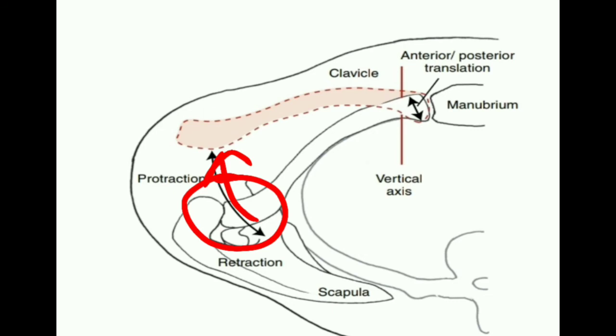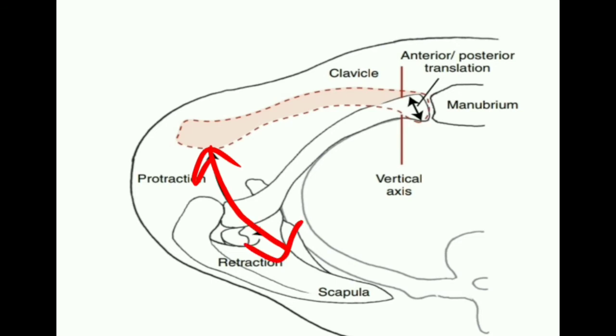Do you understand? And what is retraction? The lateral end of the clavicle moving posteriorly is known as retraction. Lateral end of the clavicle moving anteriorly is protraction and moving posteriorly is retraction.